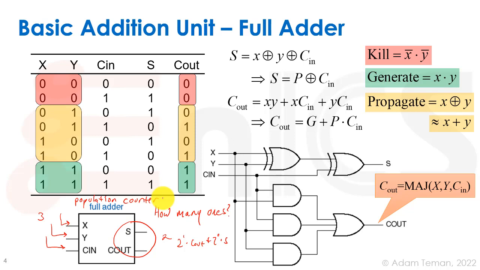A population counter is asking how many ones do we have in an n-bit vector. And for a 3-bit vector, a full adder is a population counter, or a 3-to-2 compressor, or all kinds of things. So the full adder is this really important tool that we have to do all kinds of things in binary arithmetic.